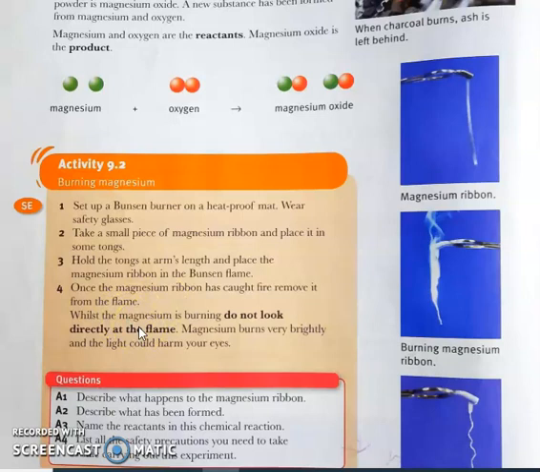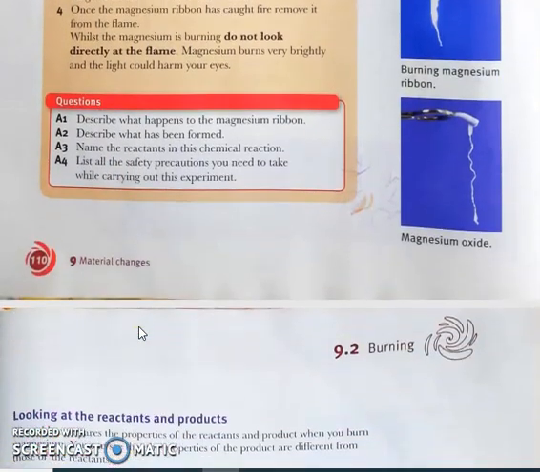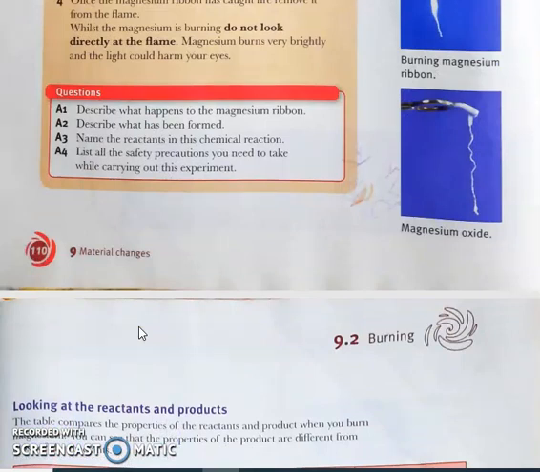Magnesium burns very brightly and the light could harm our eyes. While burning, the magnesium and oxygen combine and produce what? Magnesium oxide. This white powder is magnesium oxide.